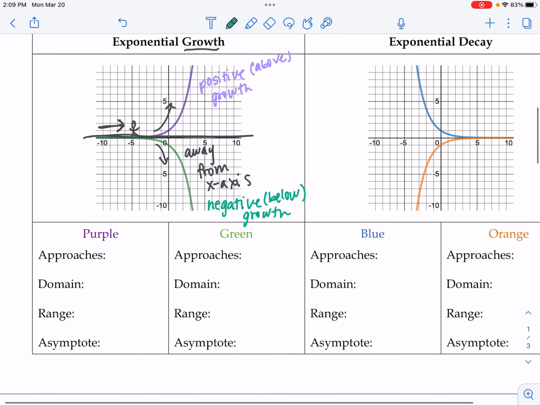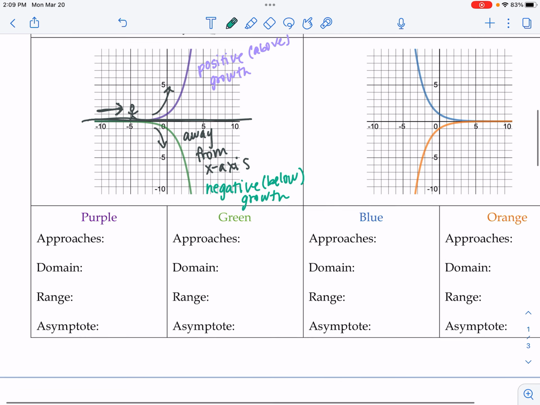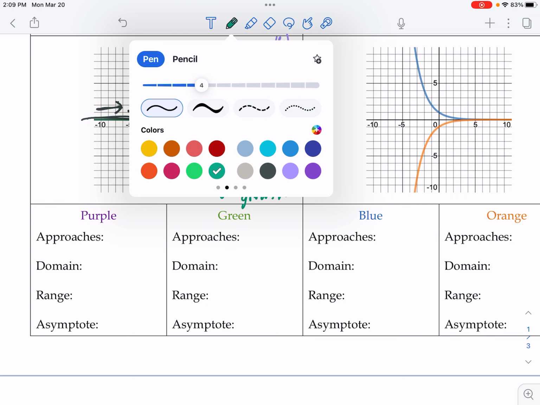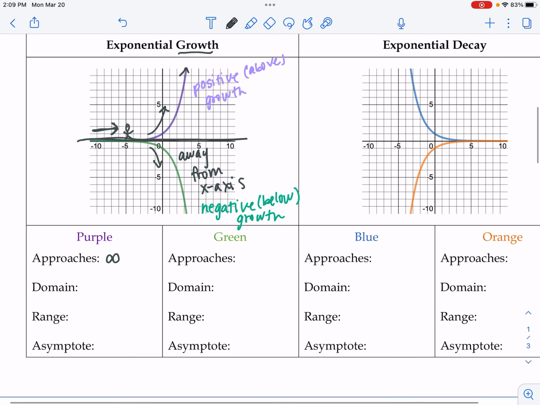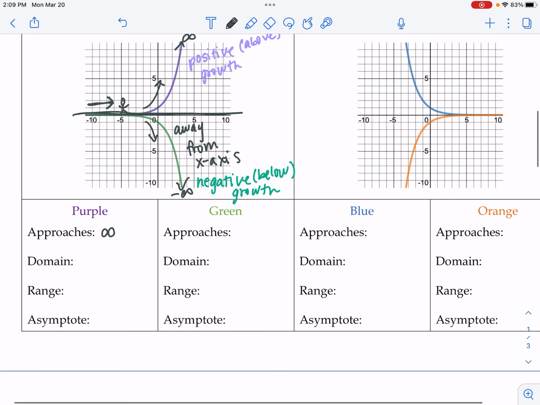Let's just fill in this part right now. The purple graph is approaching positive infinity. It's going up to positive infinity, whereas the green graph is going down towards negative infinity. The domain for all exponential functions is all real numbers all the time, kind of like quadratic and linear.